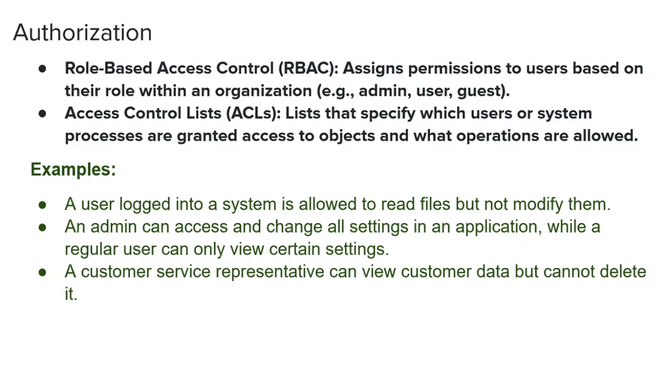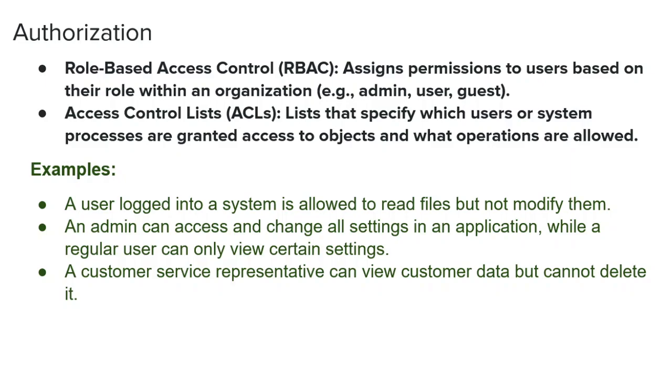We can verify that using authorization testing. An admin can access and change all the settings in the application, while a regular user can only view certain settings. That is again control list related validation. That comes under the authorization part.